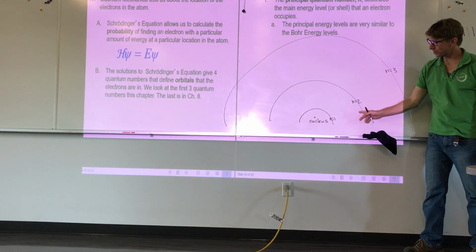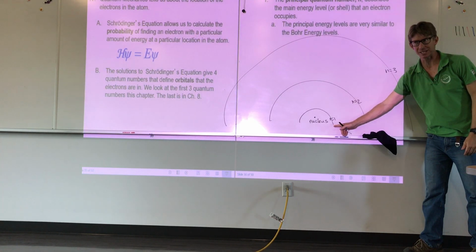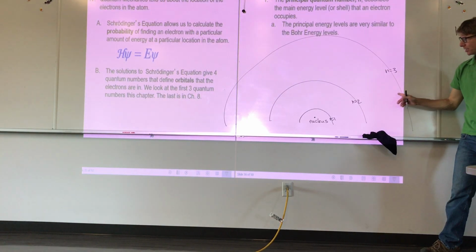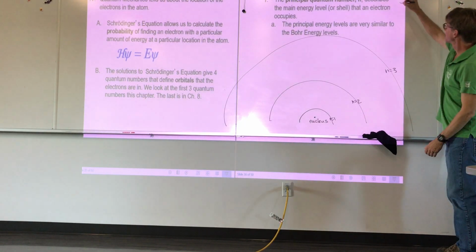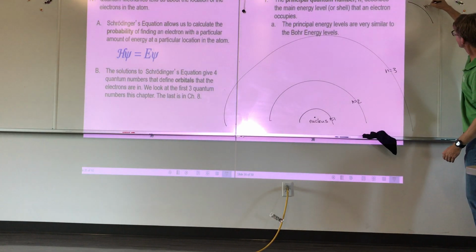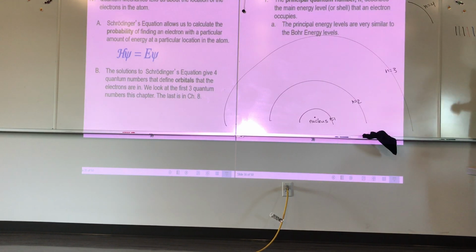So n equals 2 is 4 times as big as n equals 1. n equals 3 is 9 times as big as n equals 1. n equals 4 is 16 times as big.